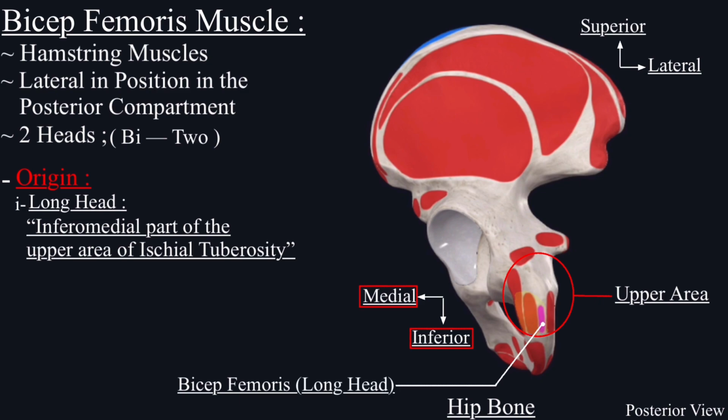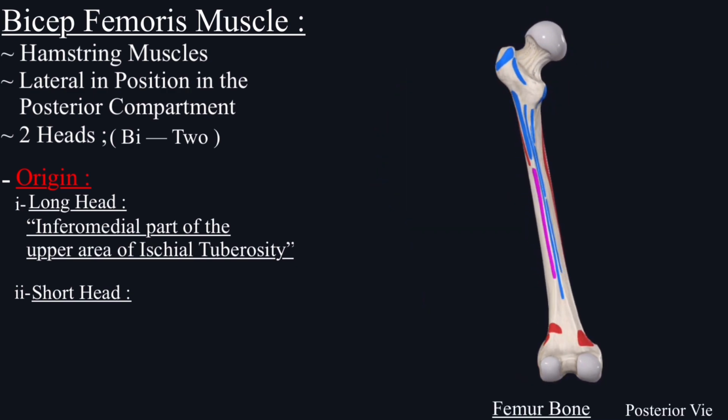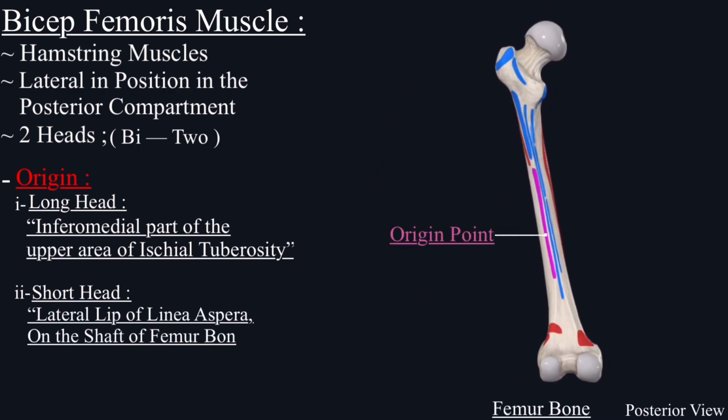From this same area also originates semitendinosus muscle, but that we will discuss in the next video. Next is the short head of biceps femoris muscle. The short head originates from the lateral lip of the linea aspera on the shaft of the femur bone.